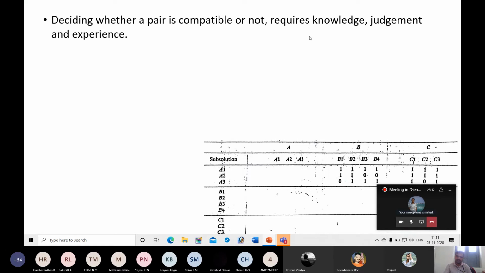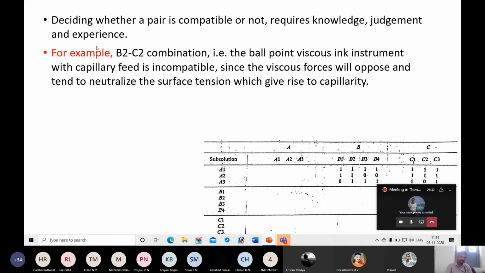Whatever you have learned till now, based on that you have to construct a morphological table and a compatibility matrix. And you have to judge whether a combination is feasible, and justify why you are considering a particular combination as feasible. So this is one example.